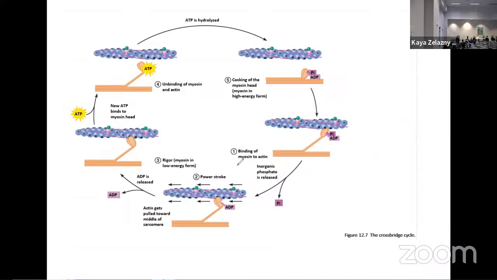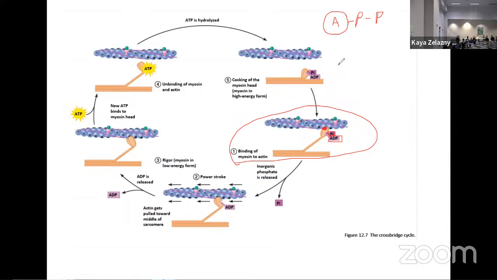Okay, so we first are binding our myosin with its actin binding site onto the actin at that point where we have our myosin binding site on the actin. At this point in time, we have ADP in that ATPase site, as well as a phosphate ion. Remembering that when we're looking at ATP and ADP, we've got a molecule, there's the adenosine part, and we've got two phosphate groups for ADP.